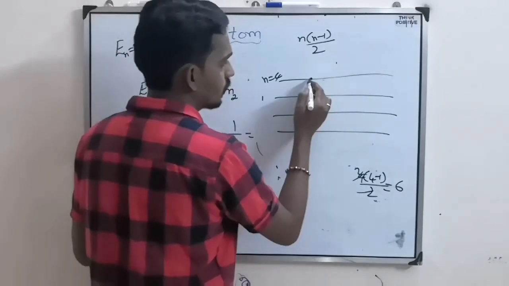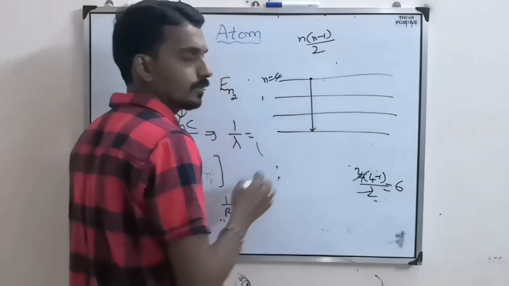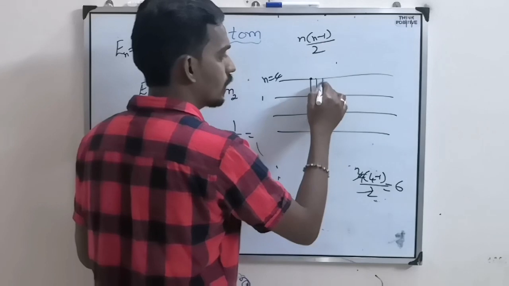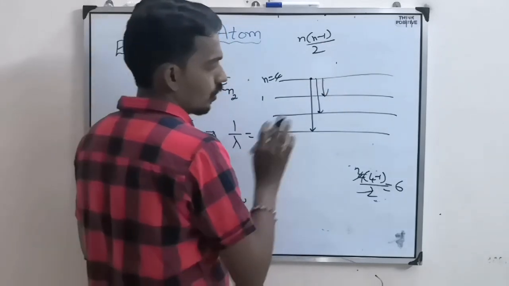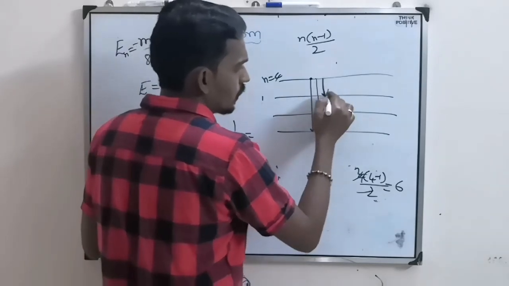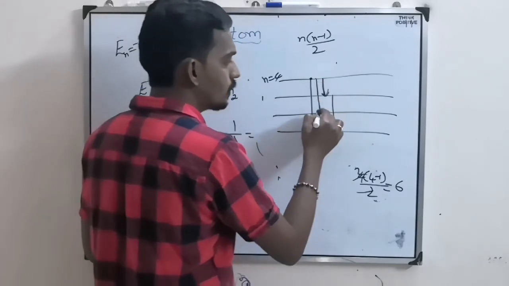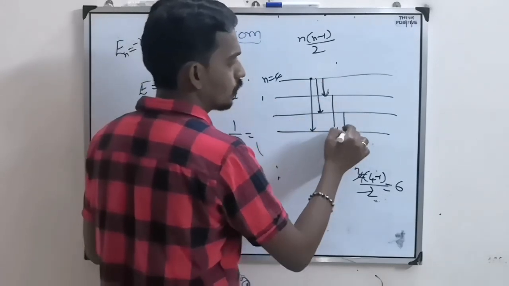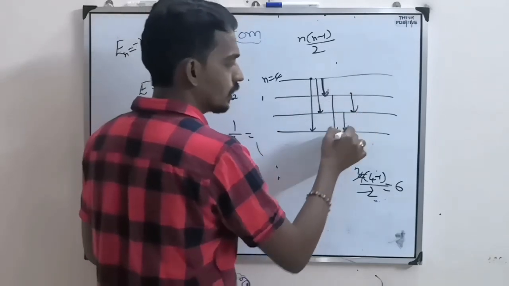That means from here it can come to first, or it can go to second, or it can go to third. 3 gone. Now it can come here and go here, or it can come here and go here, or it can come here and then here.